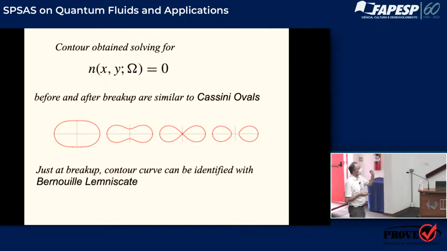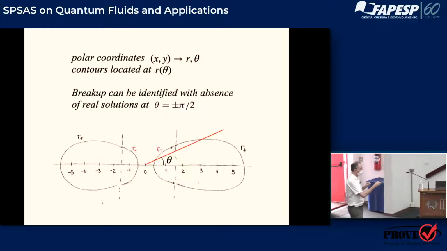If you look on the internet, you see what Cassini ovals are, these shapes, depending on the parameters A and B. These are well-known structures named Cassini ovals. And just at the breakup, the contour curve can be identified. It should be this one, sorry.